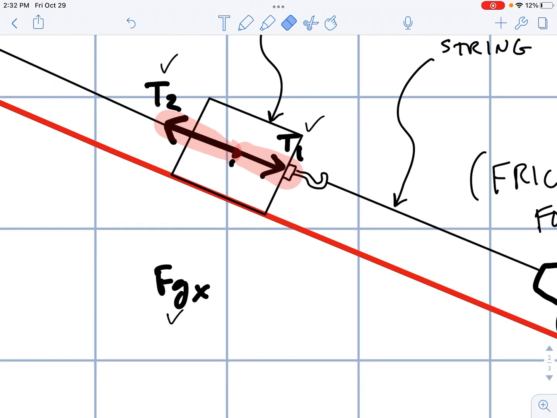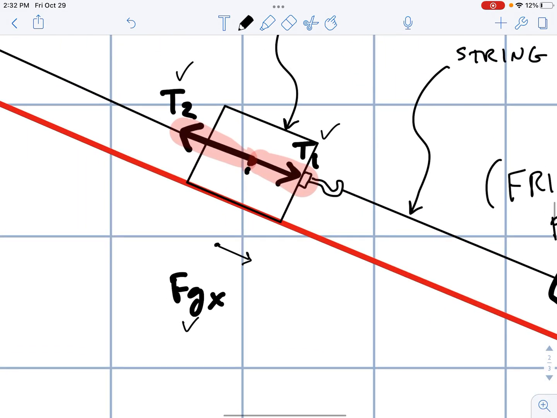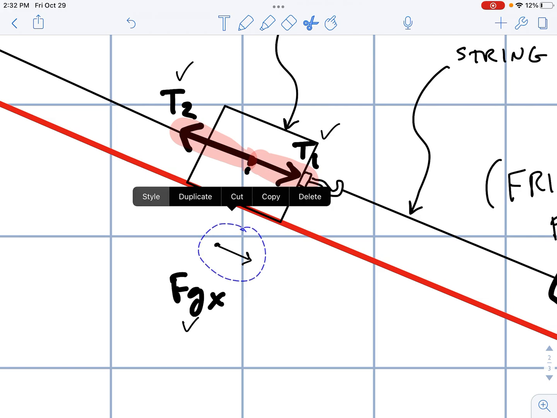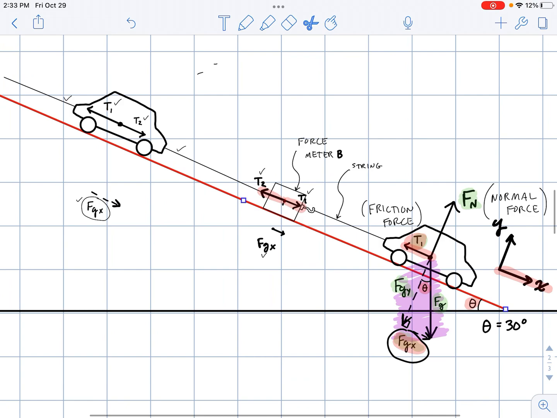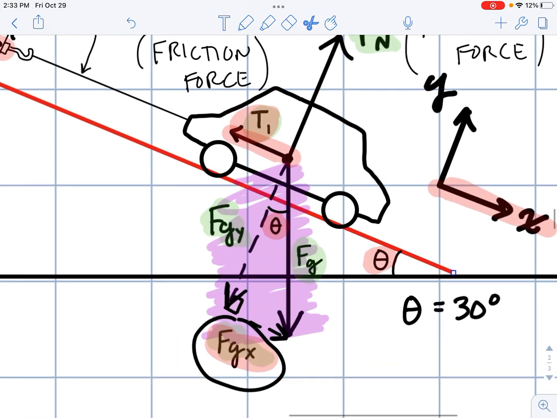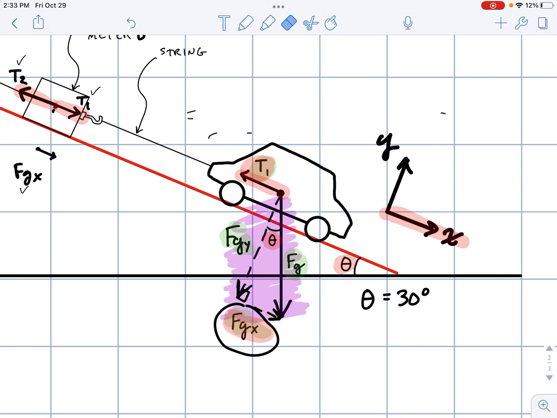Let's clean that up a little bit. And then same thing down here. Let's make sure we're only focused on the forces in the x direction.